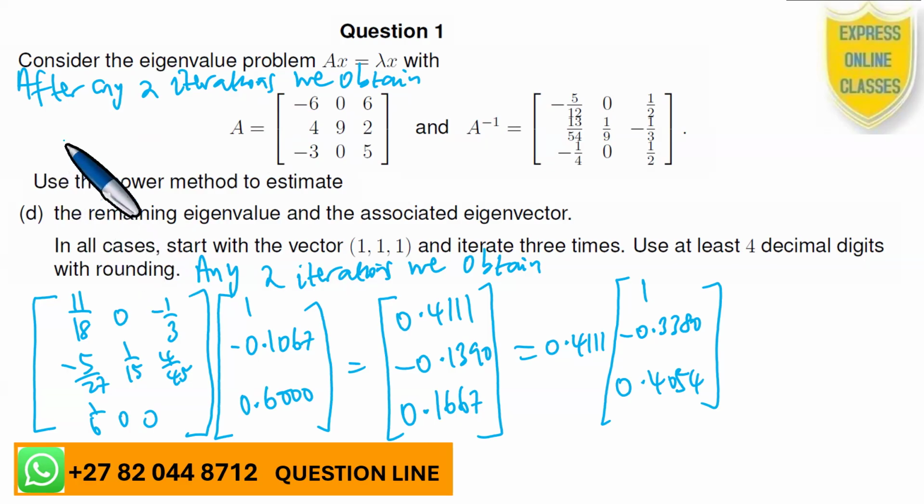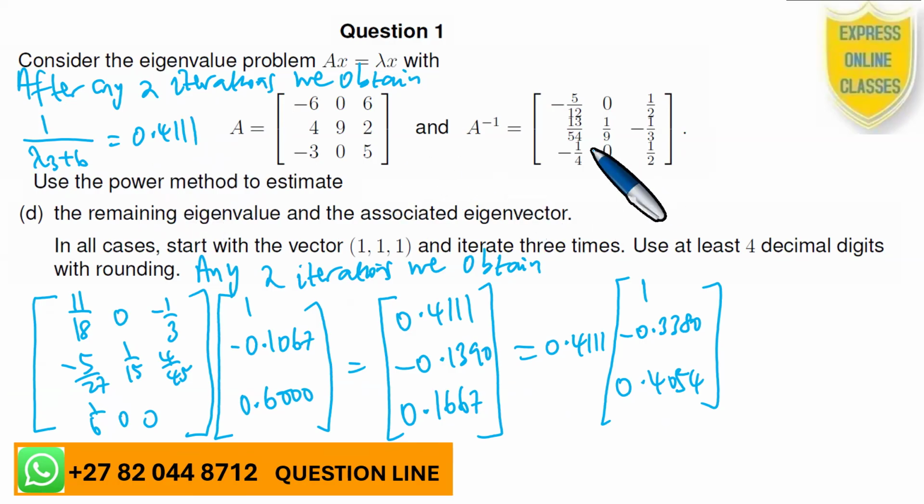Right, so you would have lambda 3 plus 6, 1 over. So 1 over lambda 3 plus 6 becomes the same as what? After any 2 iterations. Right, so after these 2 iterations, 1 over lambda 3 plus 6 is going to be exactly this one, which is 0.4111.